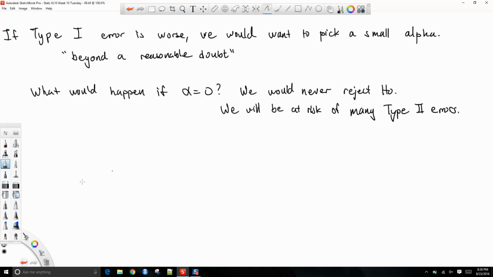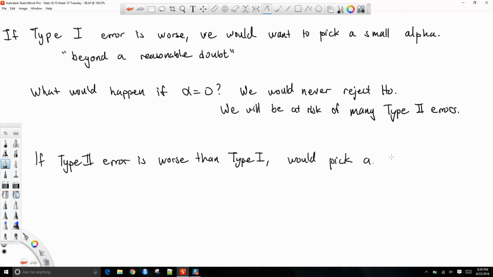And on the other hand, if a type 2 error is worse than type 1, we would pick a large alpha. We have control over the alpha we use.